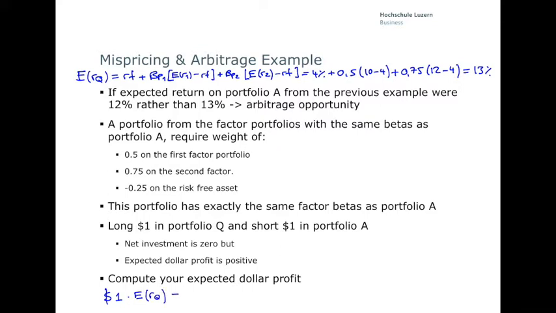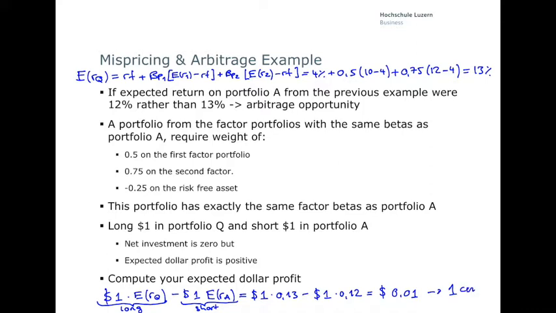Computing your expected dollar profit results in $1 times 13% minus $1 times 12%, equal to 1 cent per dollar. So you have a long position on the higher expected return and a short position on the lower expected return, resulting in an arbitrage profit of 1 cent per dollar invested.